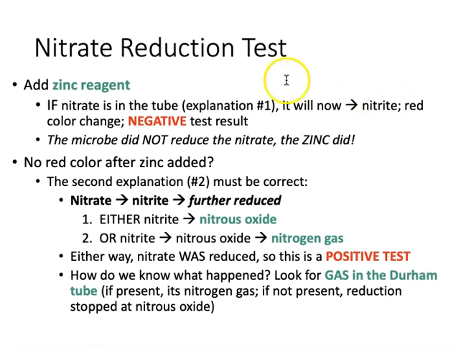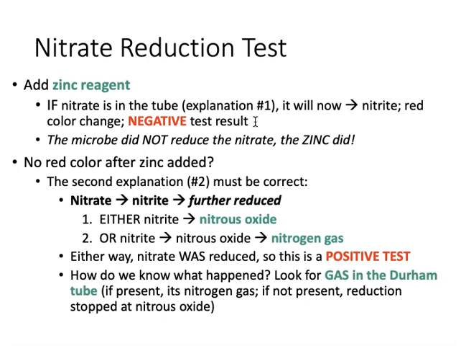But this is a negative test result, because in this case, the microbe didn't reduce the nitrate, the zinc powder did. The nitrate was still in the tube. The bacterium wasn't able to reduce it. So we added in the zinc powder, and the zinc reduced the nitrate to nitrite, turning the tube red. That is a negative test result.